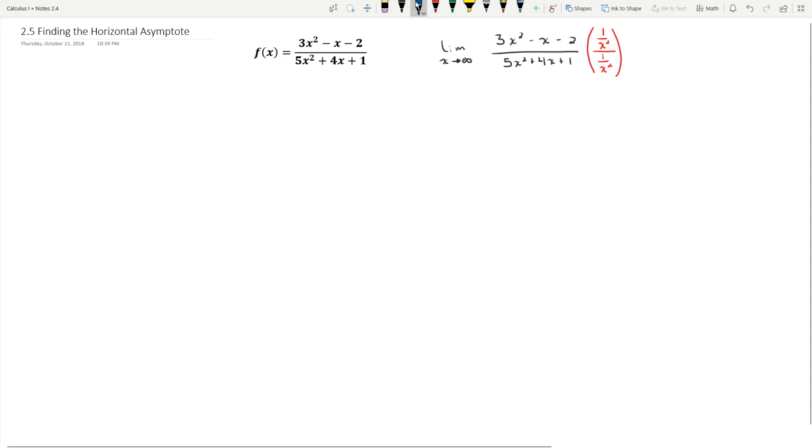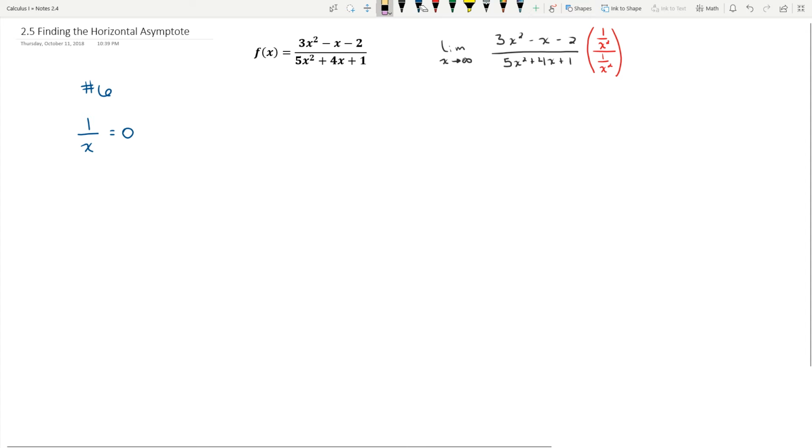Another thing to keep in mind is that in the very beginning, I said that rule number 6 would come in handy when we were trying to find the limit of x approaching infinity, or more specifically, the horizontal asymptote. So I said that when we have 1 divided by x, no matter how large the value that we input for x, our table showed that we would be approaching 0.